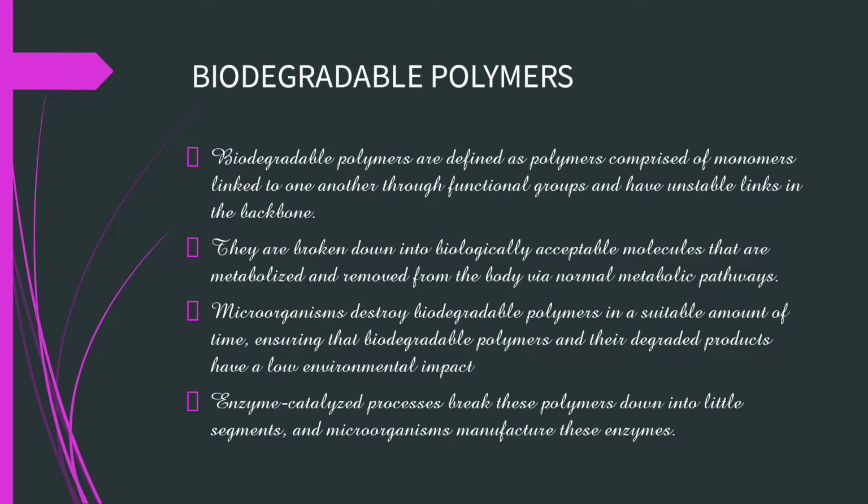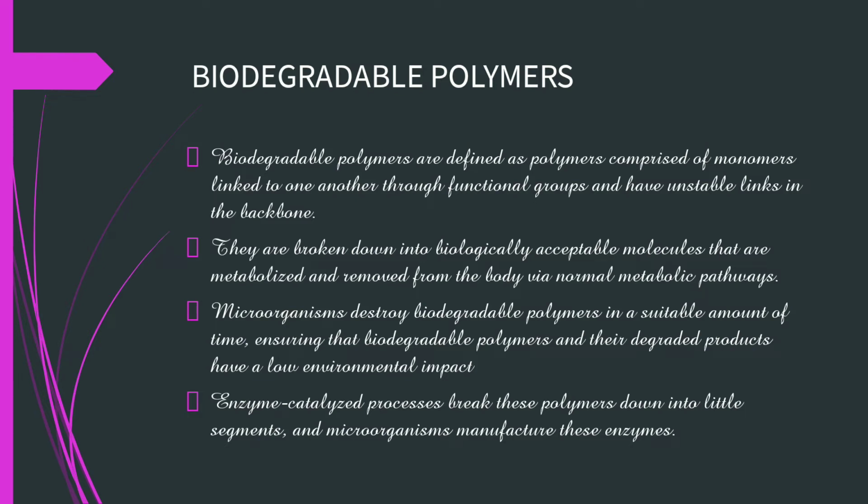Biodegradable polymers are defined as polymers comprised of monomers linked to one another through functional groups and have unstable links in the backbone. They are broken down into biologically acceptable molecules that are metabolized and removed from the body via normal metabolic pathways.